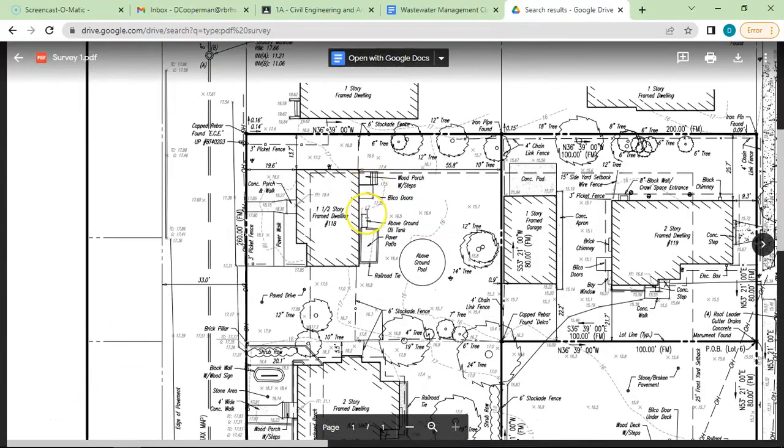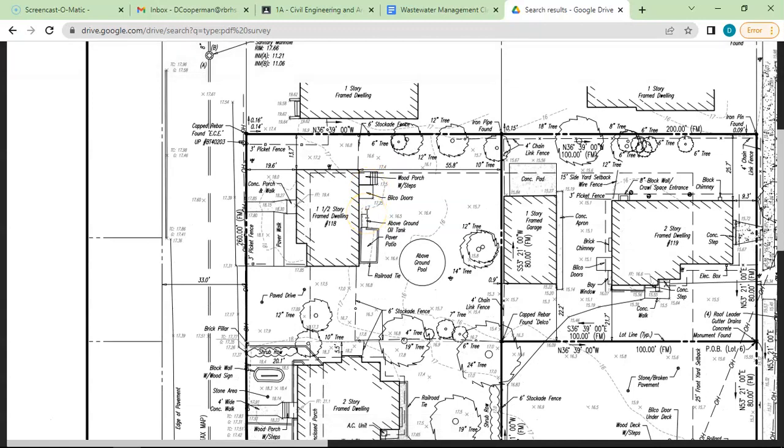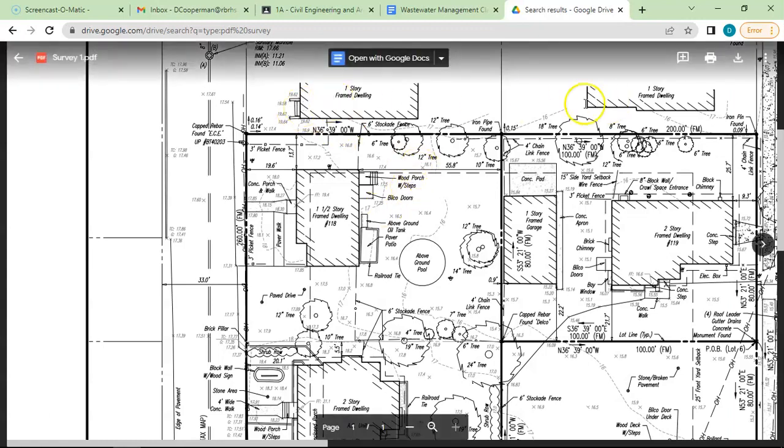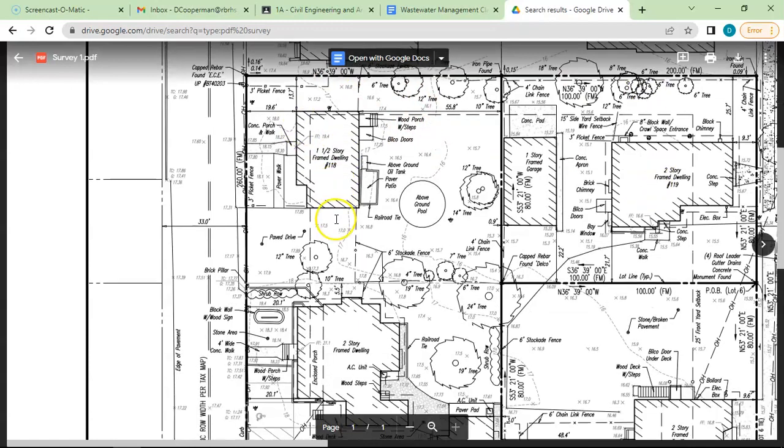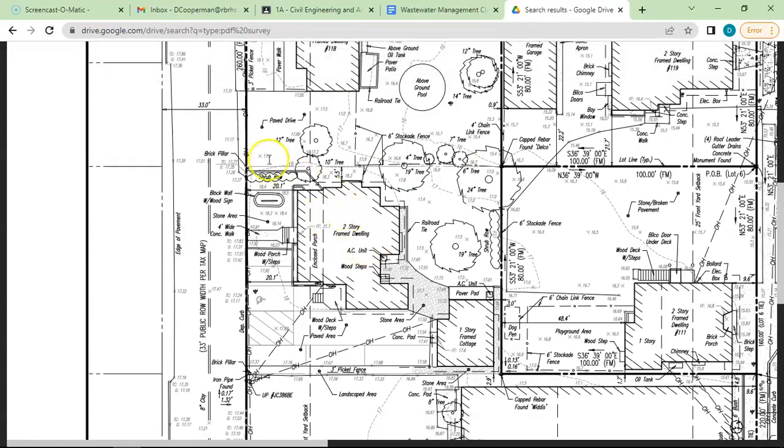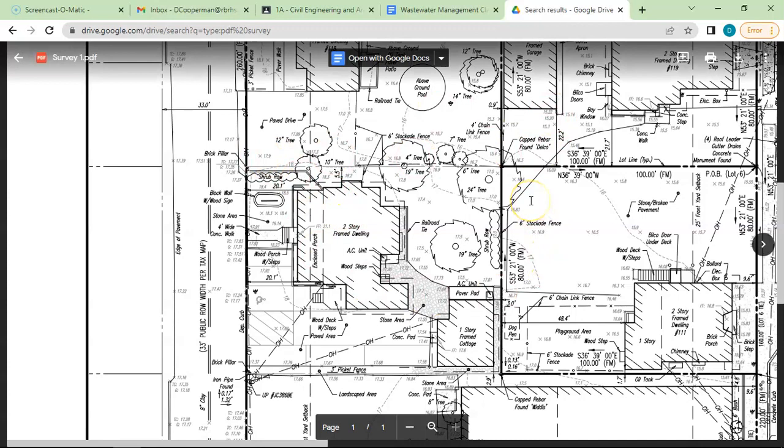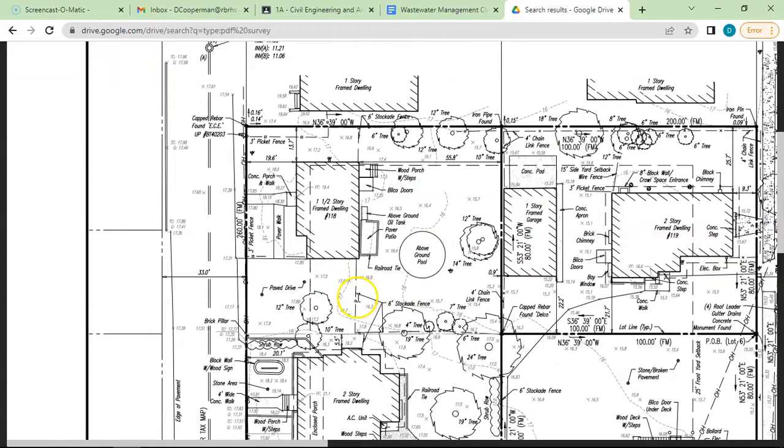Okay, so a survey is mapping out what's already existing on a property or an area. So they've mapped out several houses and everything. I'm not sure what they were working on. Normally, wouldn't it be more properties than what you need? That would be expensive, but let's look at what we have here.